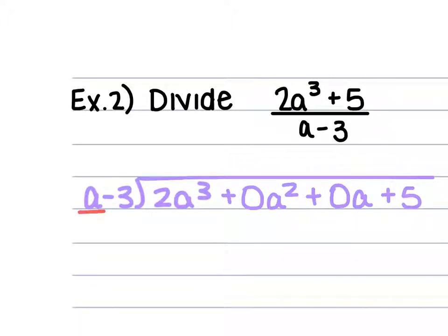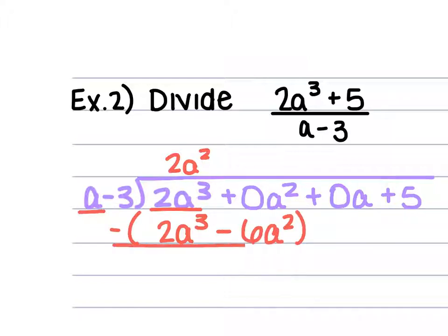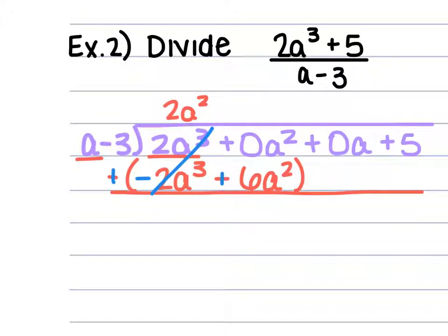So then start. A times what is 2a cubed? 2a squared. So multiply the 2a squared by a minus 3. That's going to give us 2a cubed minus 6a squared. I then subtract these two, or add the opposites. The 2a cubes cancel. 0a squared plus 6a squared is 6a squared.